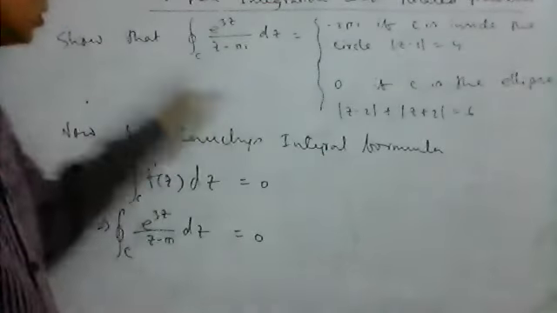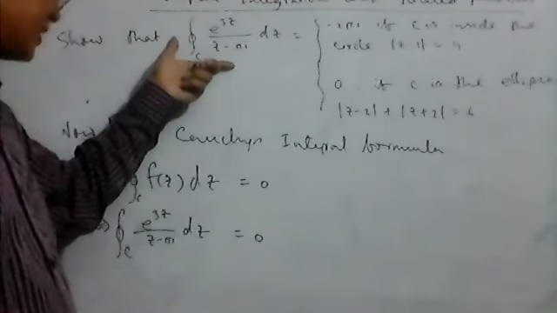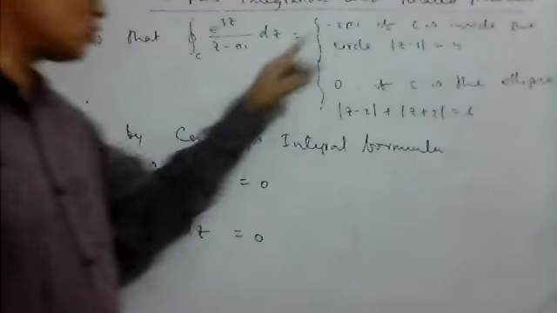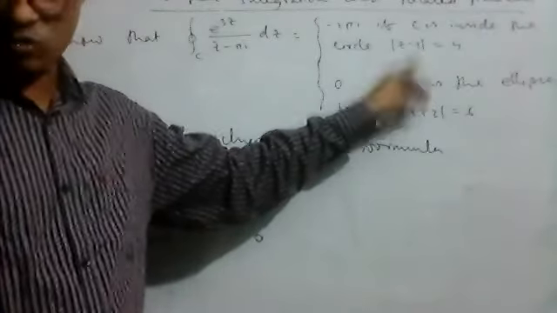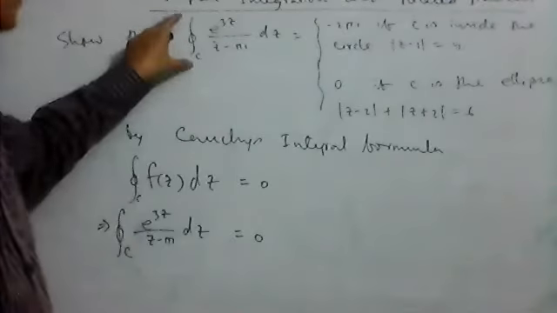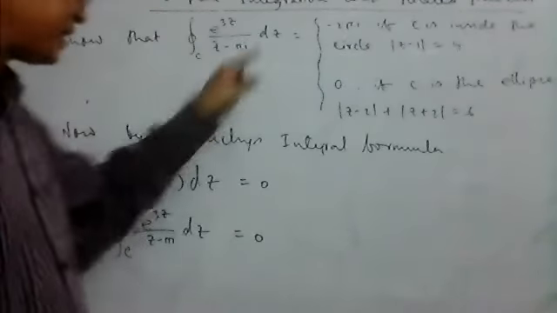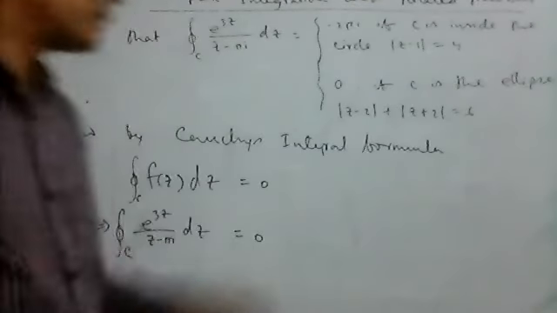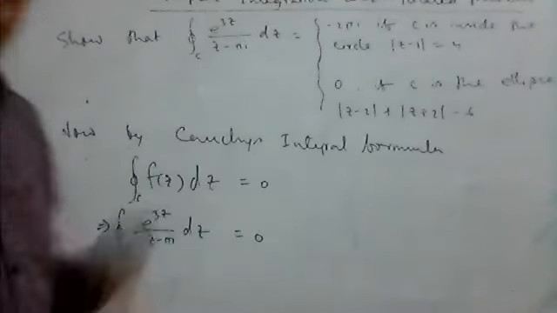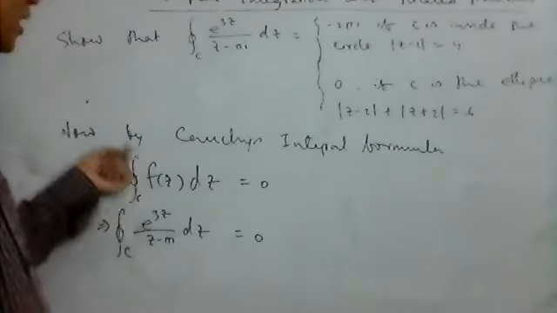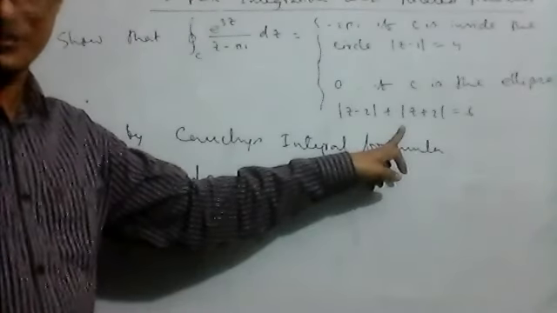We are to prove that the integral along C e to the power 3z divided by z minus pi I dz is equal to minus twice pi I when C is inside the circle mod z minus 1 is equal to 4, and the integral is equal to 0 when C is the ellipse. We found by computation that the point z is equal to pi I lies outside the ellipse, which is why the value of this integral is 0.